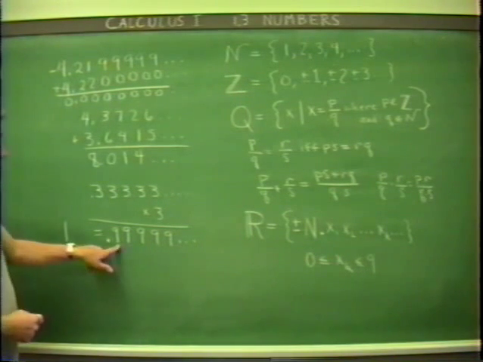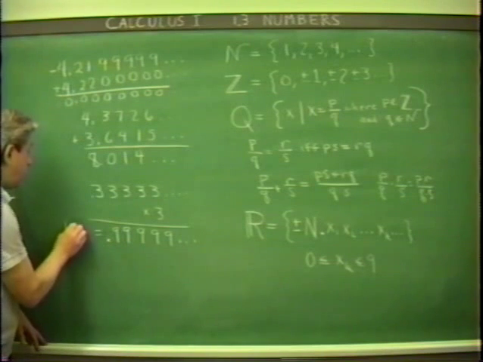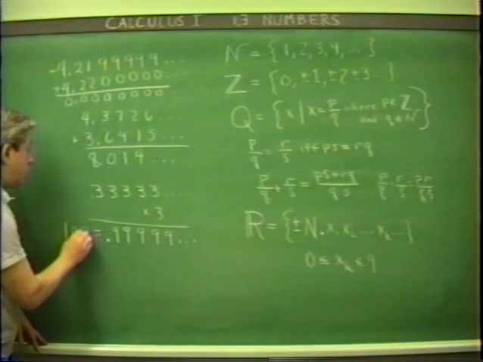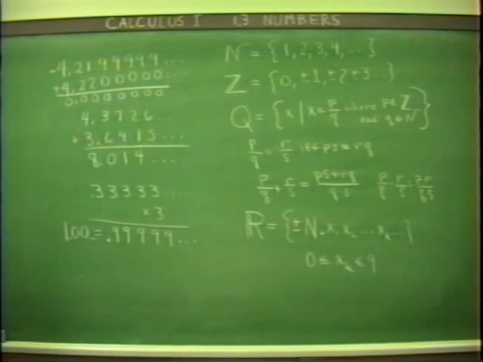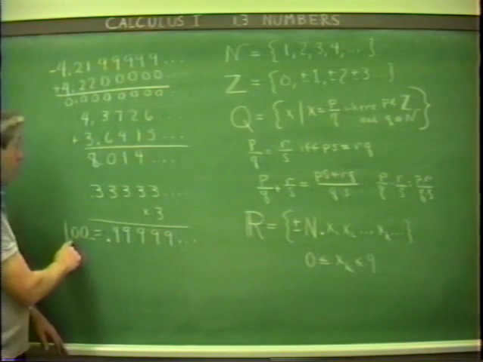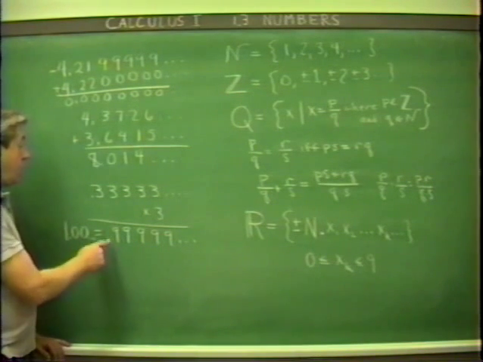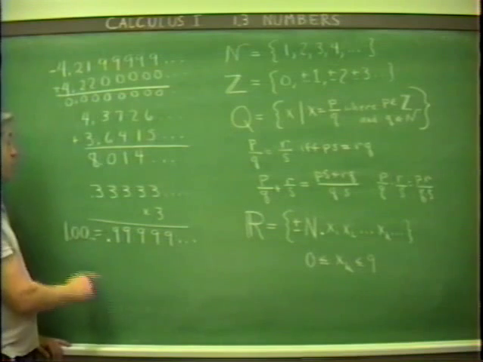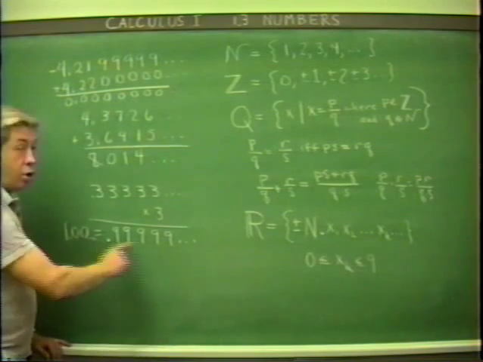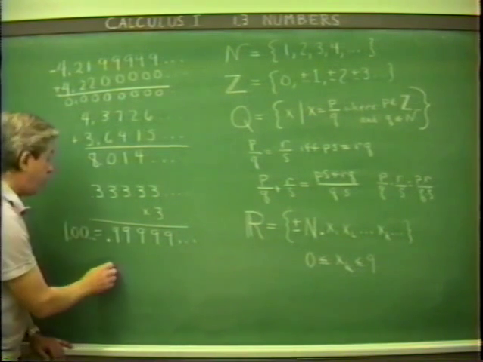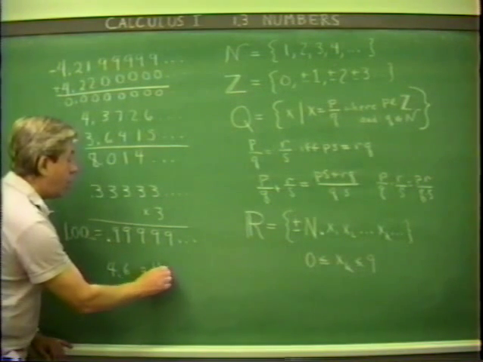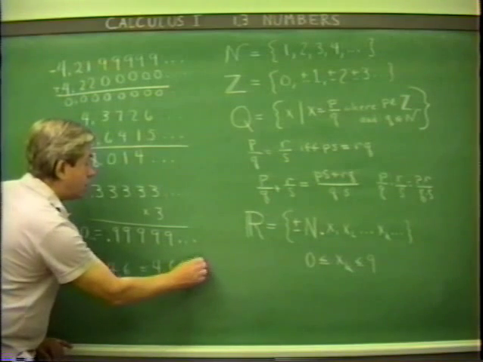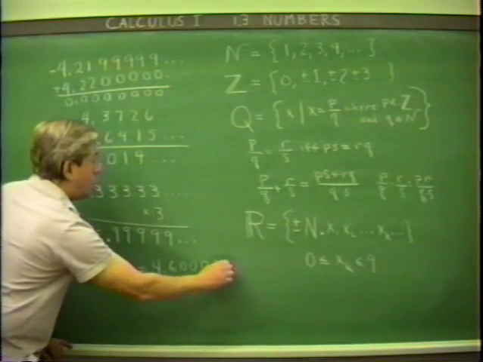So the number which ends in 9s is equal to the number which begins 1.000, and so forth. If a particular decimal terminates, it's understood without these three dots that zeros from then on are the number. So that, for example, 4.6 is equal to 4.60000.